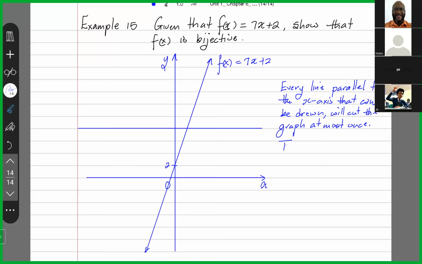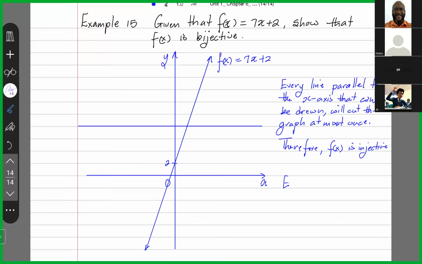Therefore, f of x is injective. It's one-to-one.